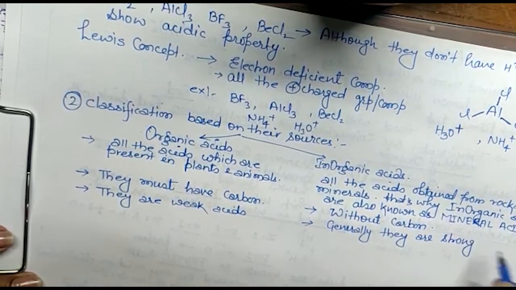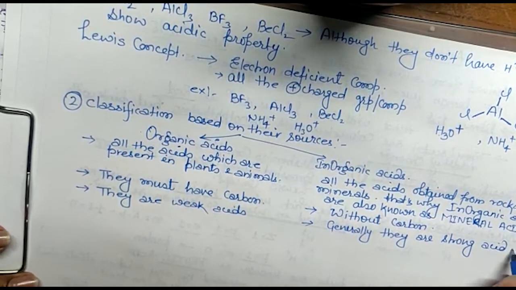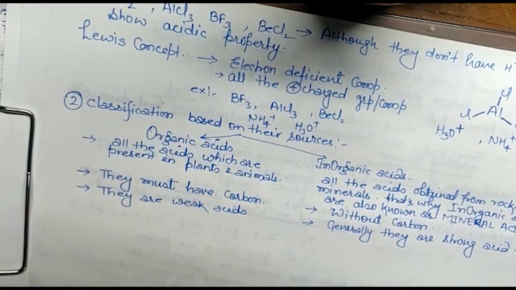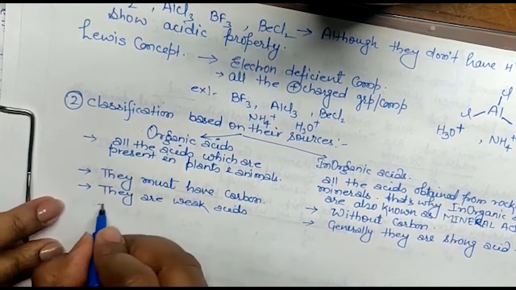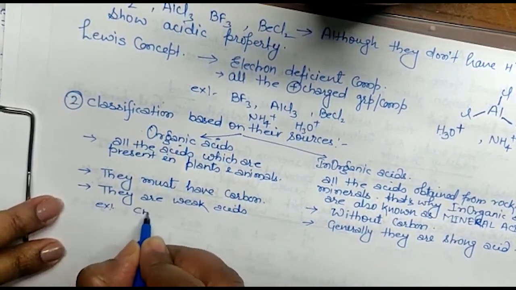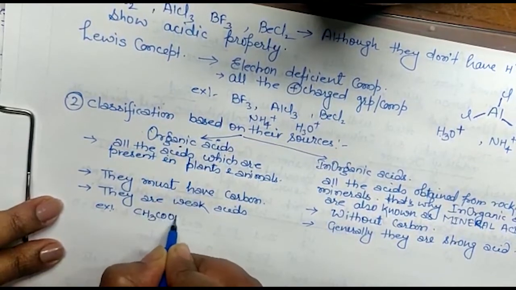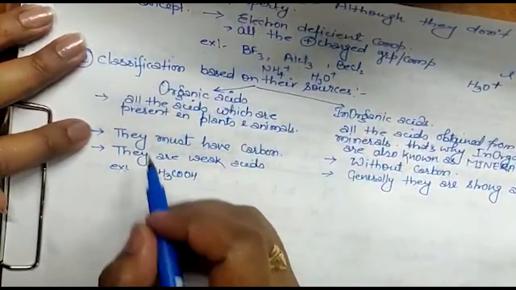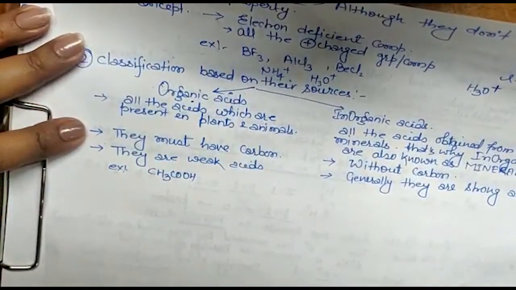So let's do some examples. Strong acid, if you see the carbon, it will be considered as organic acid and it will be weak. Example, like CH3COOH, can you see the carbon over here? Yes, carbon is here, so that's why it will be organic.